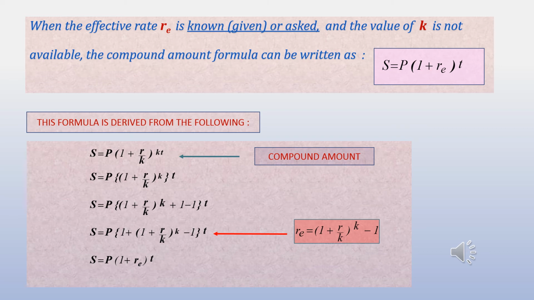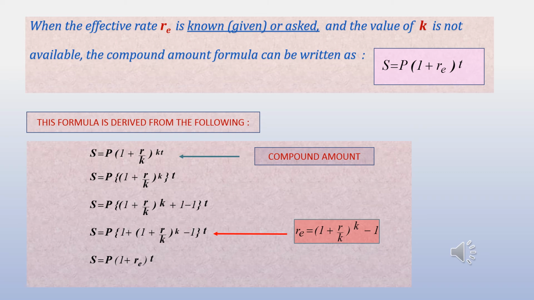This formula is derived from the compound amount formula that we had previously: S equal to P multiplied by 1 plus R over K to the degree of KT. By separating the exponent KT and adding 1 and minus 1, you know that 1 minus 1 is 0, so it does not change the value of the equation. So we have S equal to P, big brackets, 1 plus R over K to the degree of K, plus 1 minus 1.